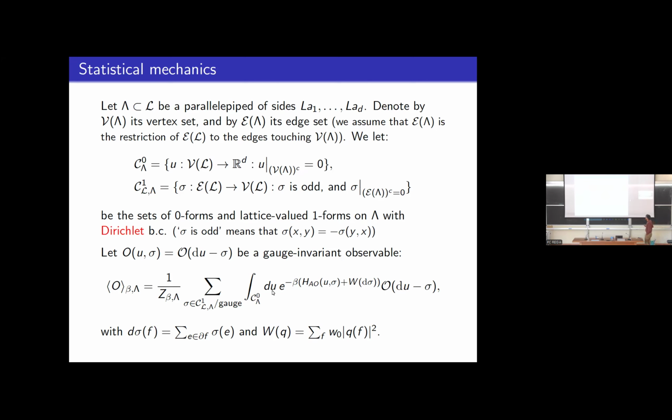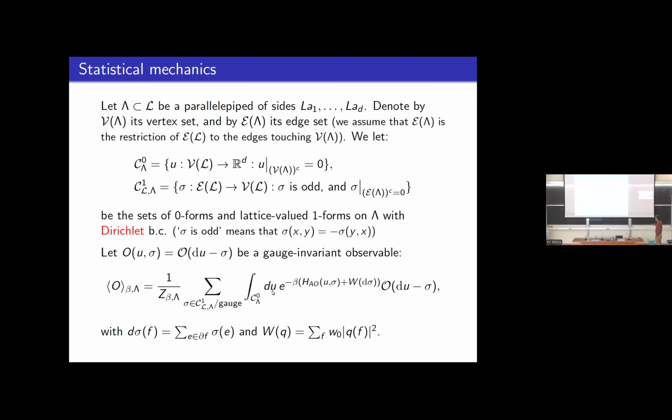I'm identifying the dislocation cores with the faces where this d sigma is supported.